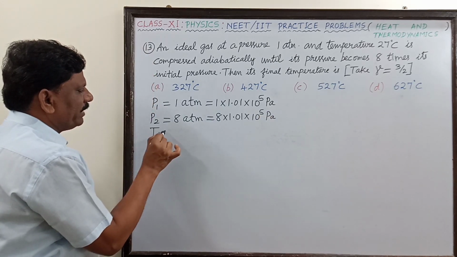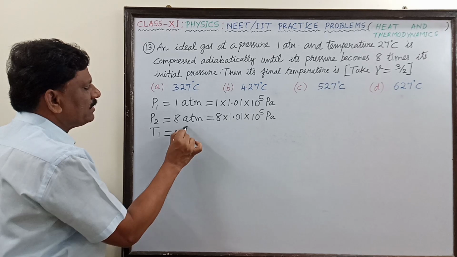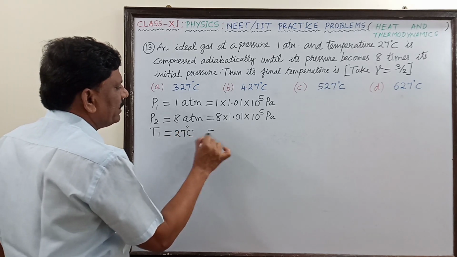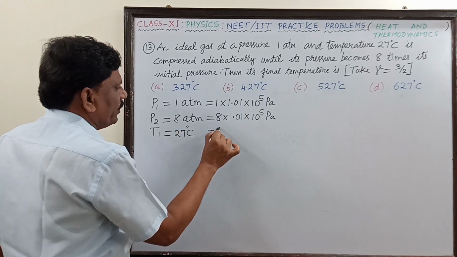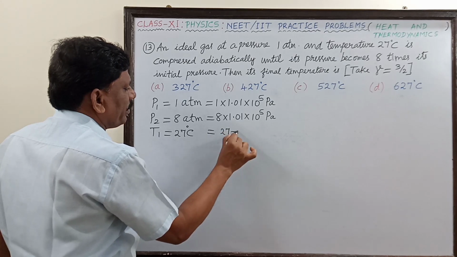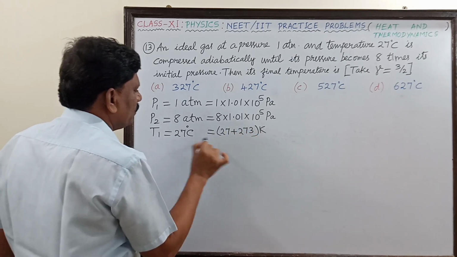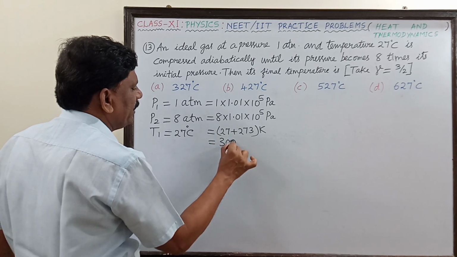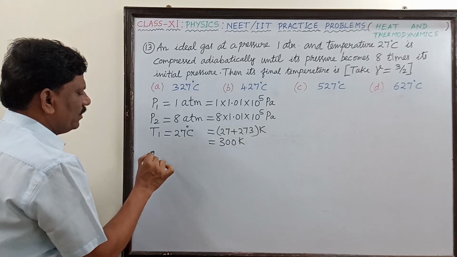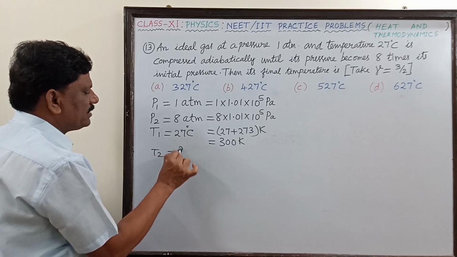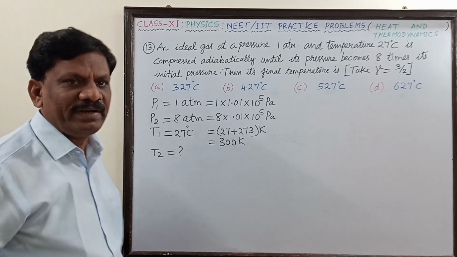Then initial temperature T1 is equal to 27 degrees Celsius, so that is 27 plus 273 Kelvin, which is equal to 300 Kelvin. And T2 has to be determined. We have to find out T2.